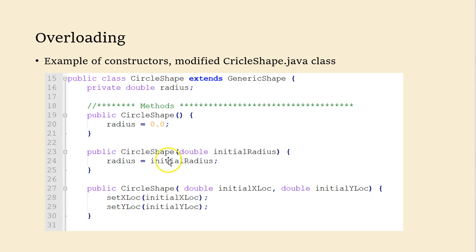So you notice I've got three different signatures. Circle shape with no argument, circle shape with one double, circle shape with two doubles. Obviously I could have done circle shape with three doubles where I set the radius, x location, and y location. All of those are unique, so the Java virtual machine can always figure out which specific circle shape constructor to call.